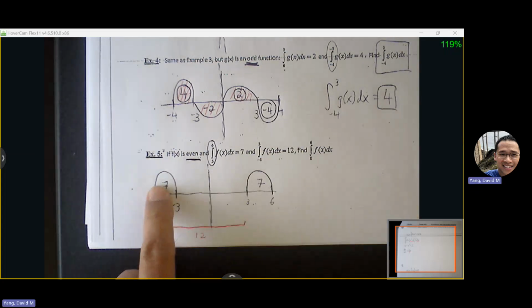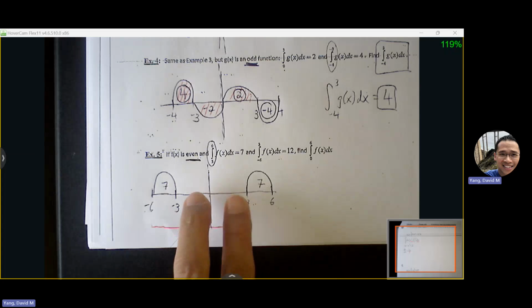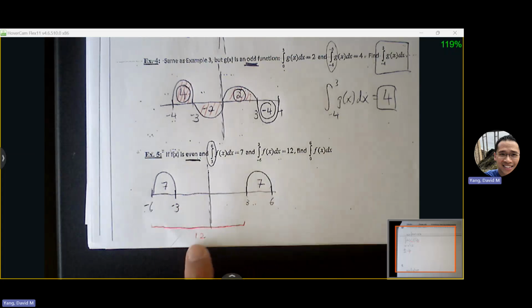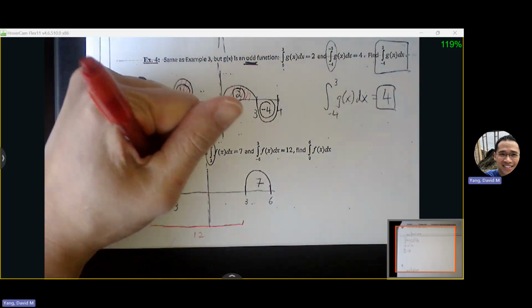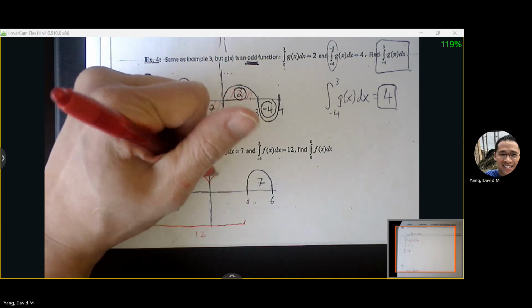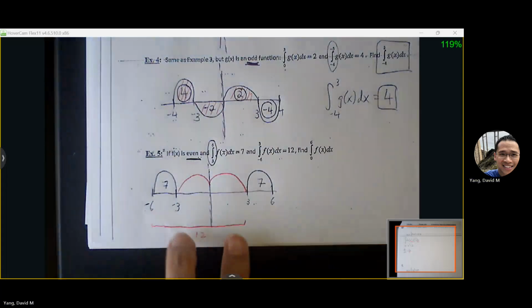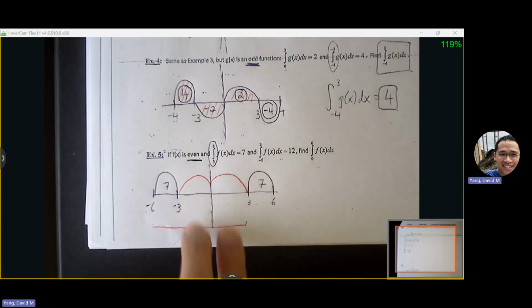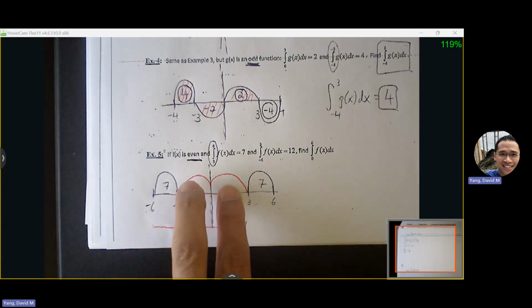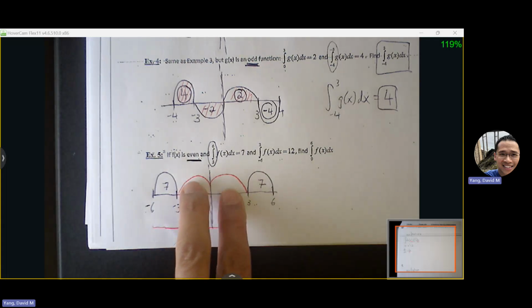So if this is 7, what needs to be in the remaining slots if we need this region to add up to be 12? Yeah, it needs to add up to be 5, right? Because 7 plus 5 is equal to 12. But then I need to split 5 evenly on both sides.